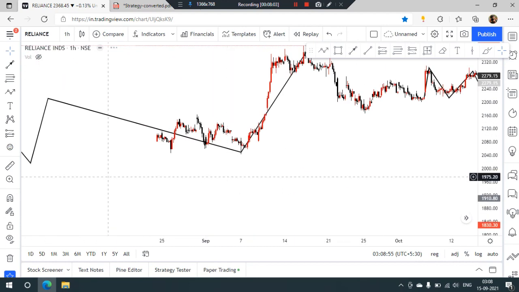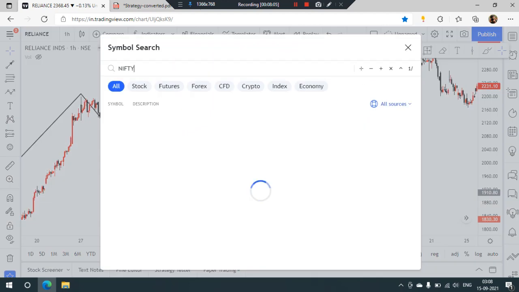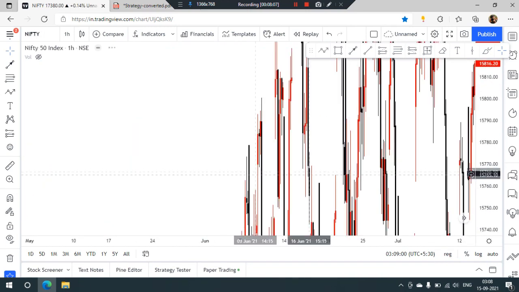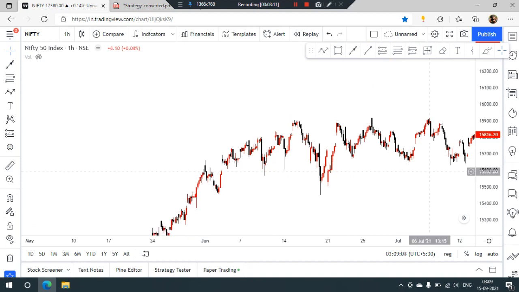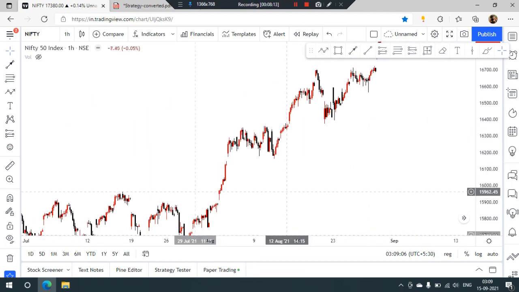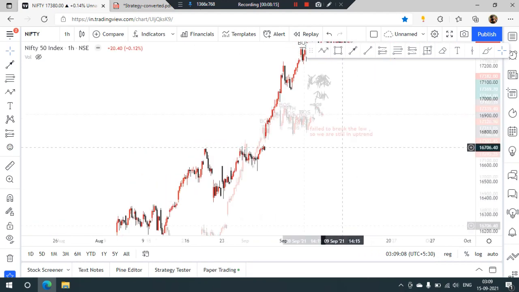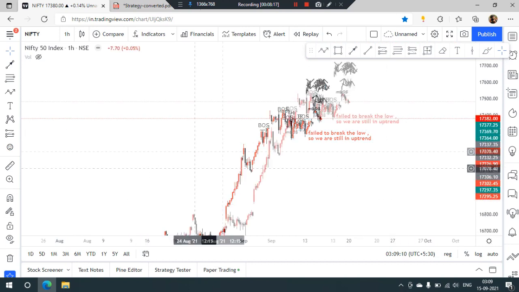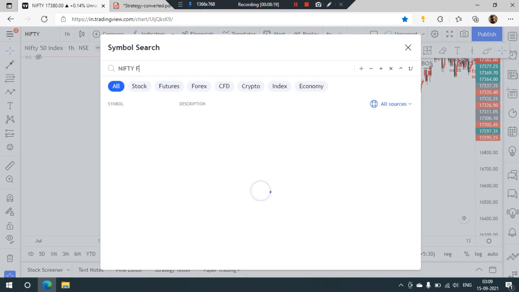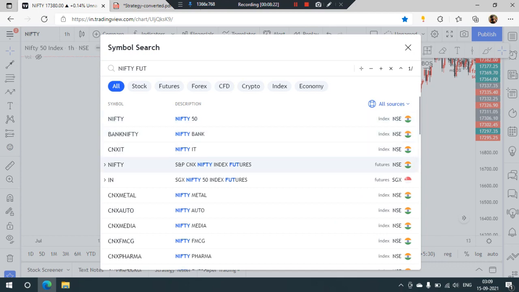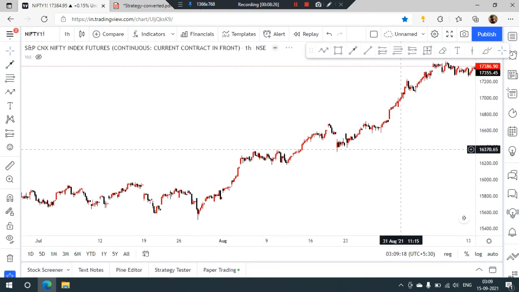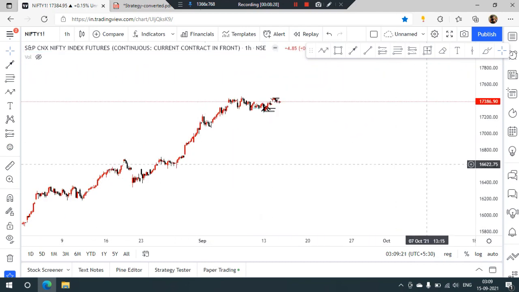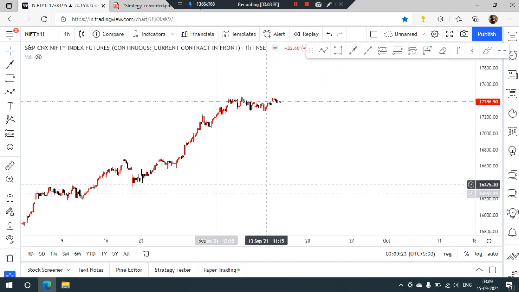Okay, so let's see Nifty. If I move on to Nifty, maybe Nifty futures, because I have drawn a lot of things there. Here also maybe delete everything.